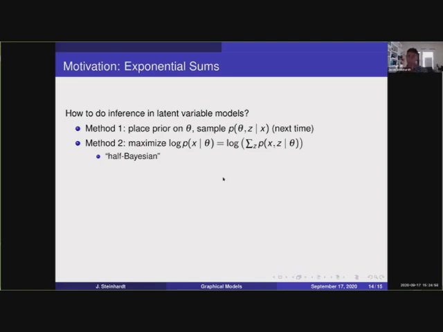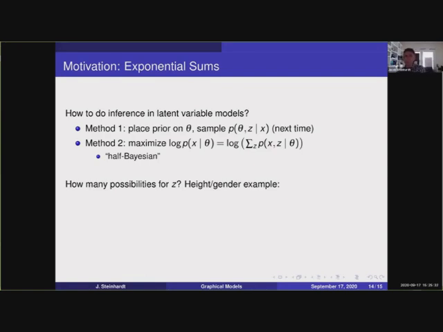And you might call this a half Bayesian approach, where I'm being Bayesian about the latent variables, but I'm doing maximum likelihood on the hyperparameters. We won't really talk about that in this class, but that's another thing you can do. It leads to algorithms like the EM algorithm, which some of you might have heard of. But we'll focus more on this first method where we try to sample everything.